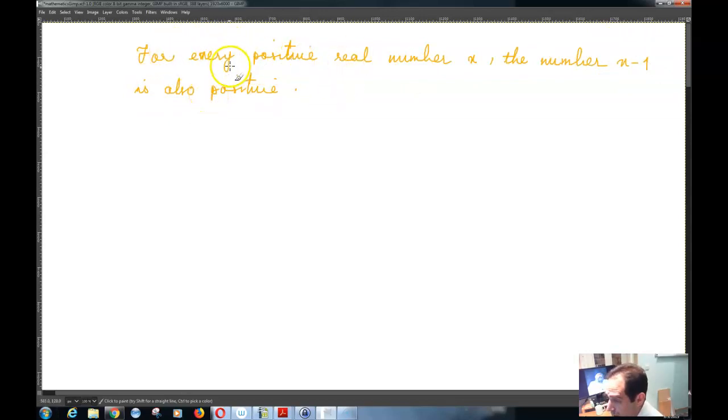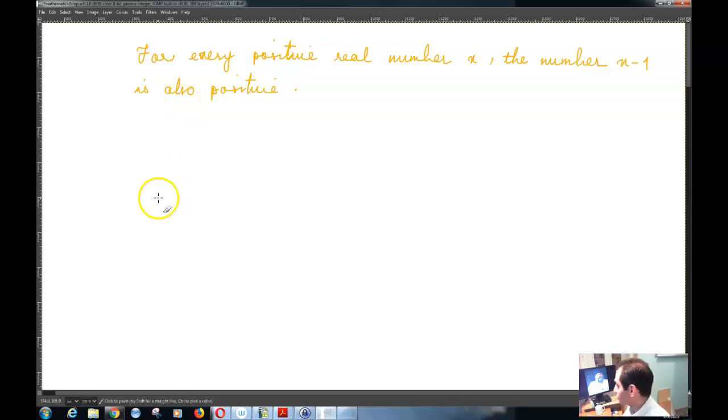So when you have "for every", the negation becomes: it is false that for every positive real number x, the number x minus 1 is also positive. Then you could rewrite that as: there exists a positive real number x such that the number x minus 1 is not positive, or is negative.